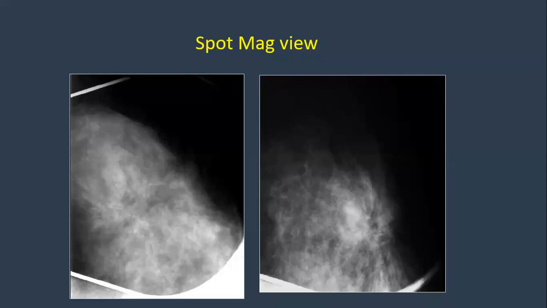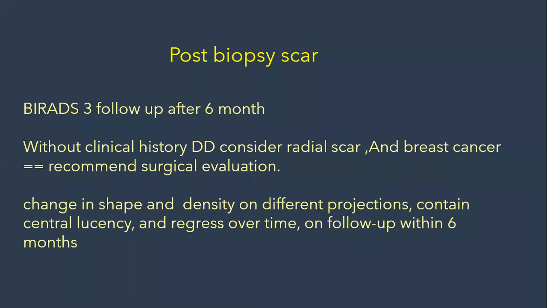To see, this is a baseline, to see if there is any change. Excellent, well done, 100% correct. Because this is a baseline and you have change, then you are going to follow. It will be BI-RADS 3. Agree with you totally. This is BI-RADS 3 for short-term follow-up.